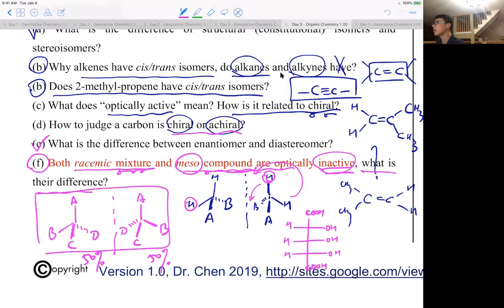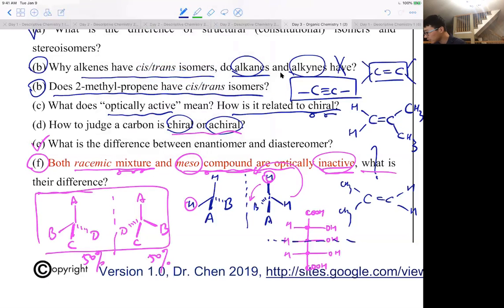So there are 3 chiral centers here, here, and here. Obviously, you can try to assign R or S to the 3 chiral centers, but now you realize there is a mirror plane here which makes this molecule symmetric within itself, right?